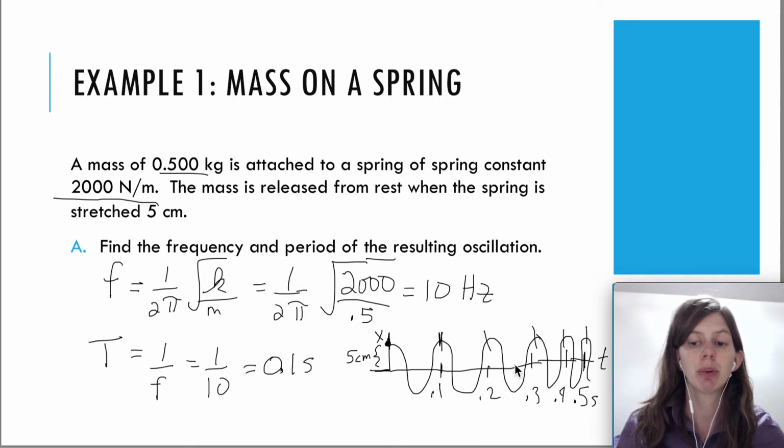Can you see that 0.25 seconds is right here, in between the two peaks? Where is the mass after 0.25 seconds? It's right here. And this is the peak, but in the negative direction. So instead of being 5 centimeters up, it's 5 centimeters down. So it's negative 5 centimeters.